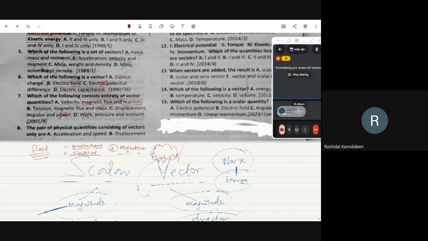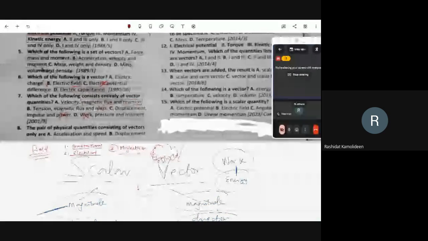Question 8 says, the pair of physical quantities consisting of vectors only are?